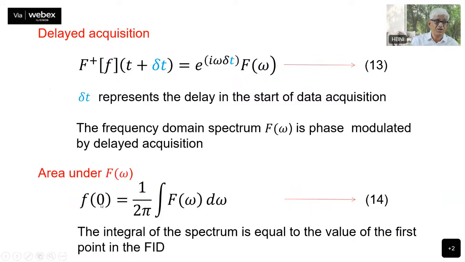The first data point, at time t equal to 0, is the integral of the entire spectrum. In fact, that is what we also use to say whether this is positive or negative. It is also telling you whether it is a positive absorptive signal or a negative absorptive signal. This also we use on this basis.